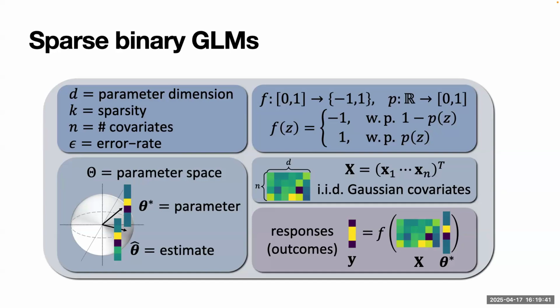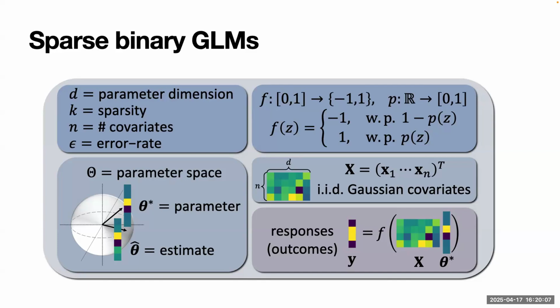D is the dimension of theta, K is the sparsity, N is the number of samples that we have, and epsilon is the Euclidean error in estimating theta star. Theta is the parameter space: a k-sparse vector in the unit sphere. We are going to give you an estimate, which is also going to be k-sparse.